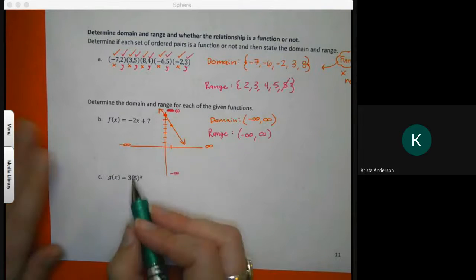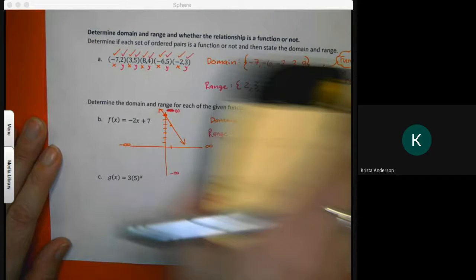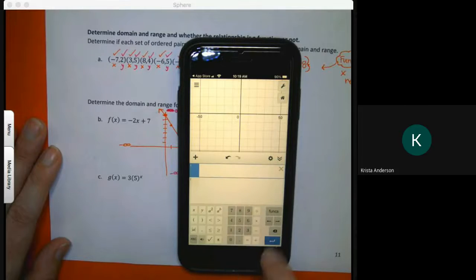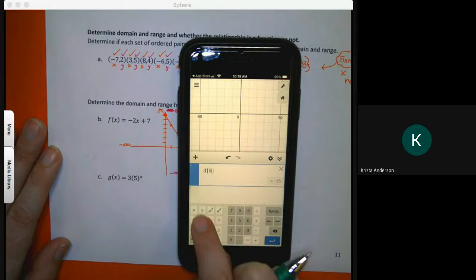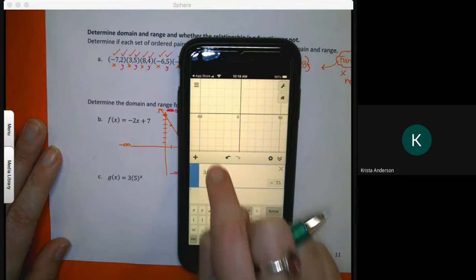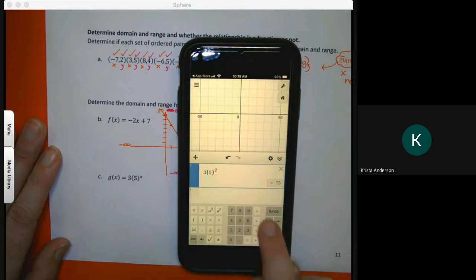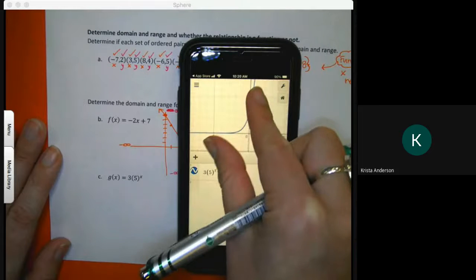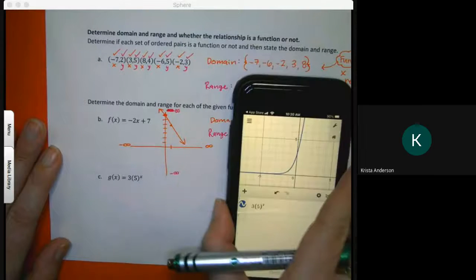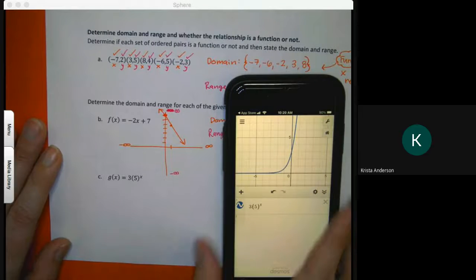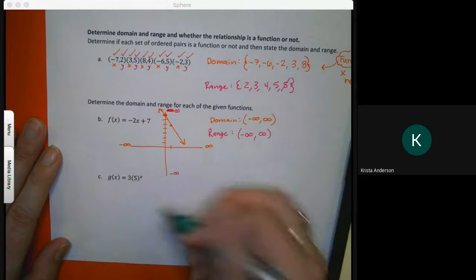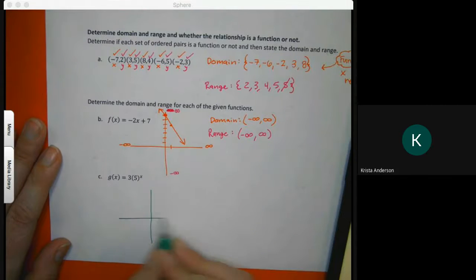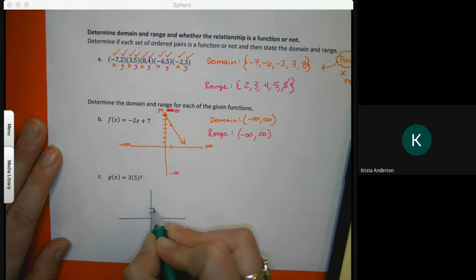If I graph g of x, I'm going to say that I have 3 times 5 to the power. I'm going to replace that 2 with x. So here's my graph. It crosses at 3.